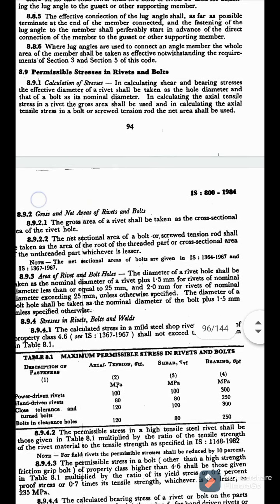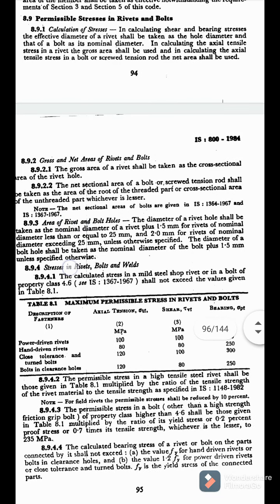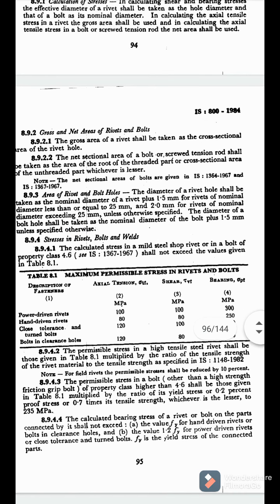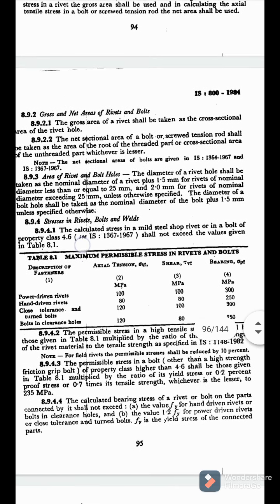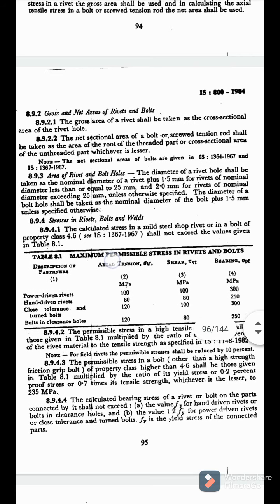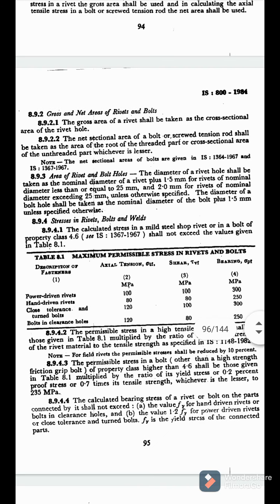So for shear and bearing stress, the effective diameter of rivet is taken as the whole diameter, meaning the gross diameter. Now 8.9.2 says gross and net area of rivet and bolt. The gross area of a rivet shall be taken as the gross cross-sectional area of the rivet hole. Remember this.